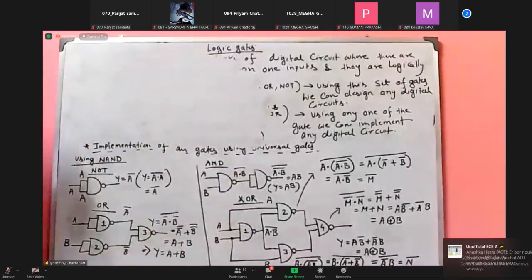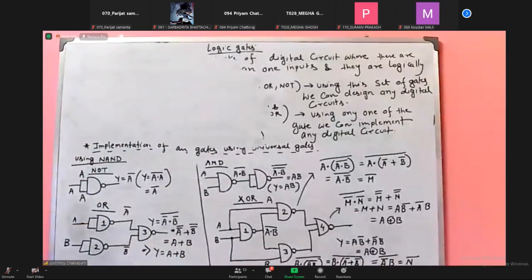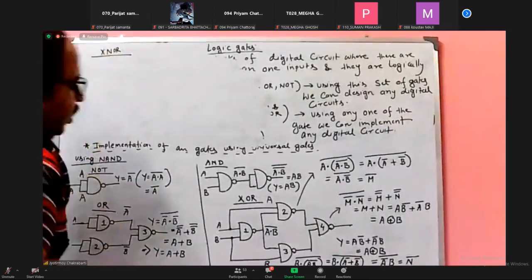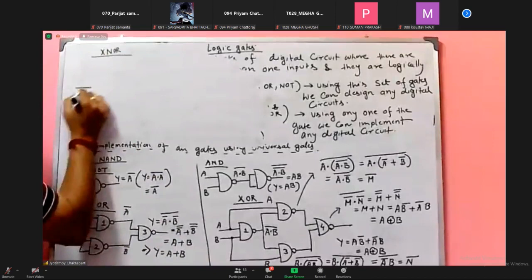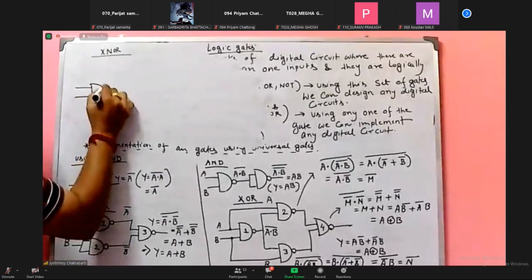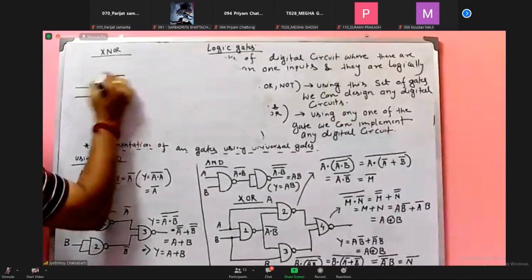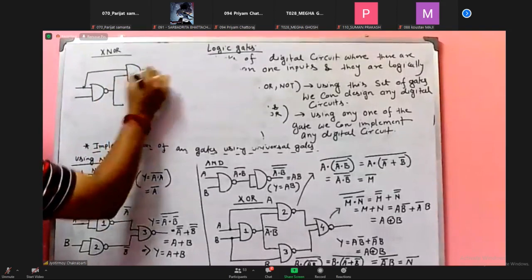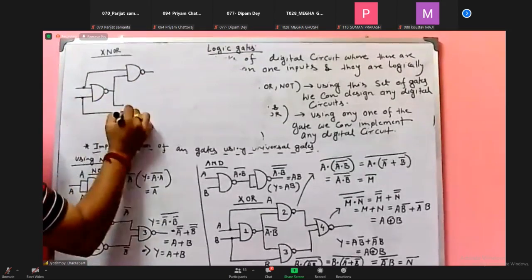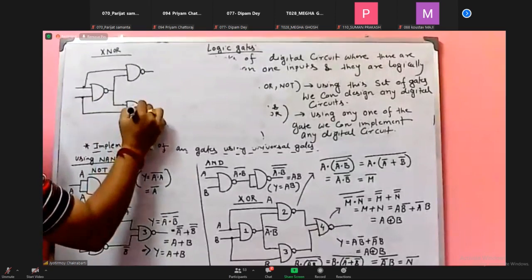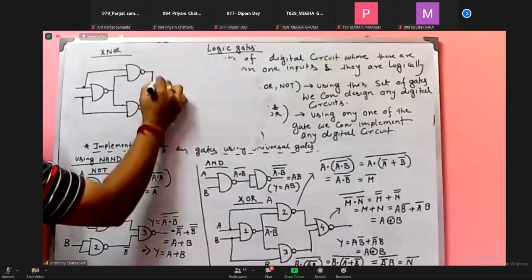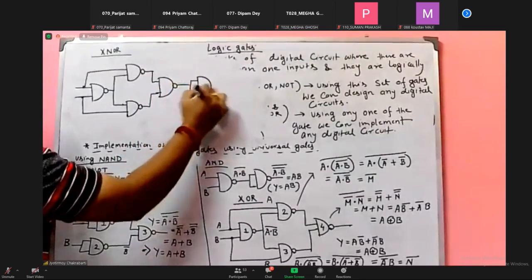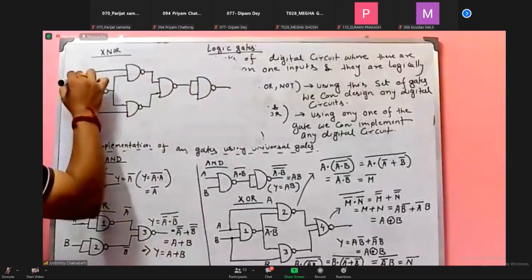It is very simple. XOR and NOT. XNOR is... this is XNOR.